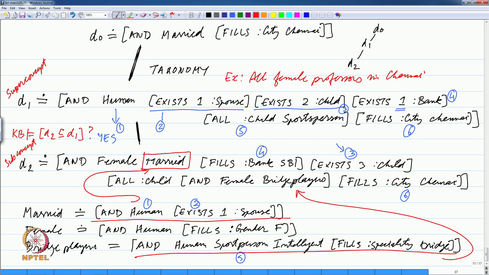Let us call this concept D3. Of course, you have to define it, and then you have to determine where this D3 will go into the taxonomy essentially. So, that is a small exercise for you to do essentially.